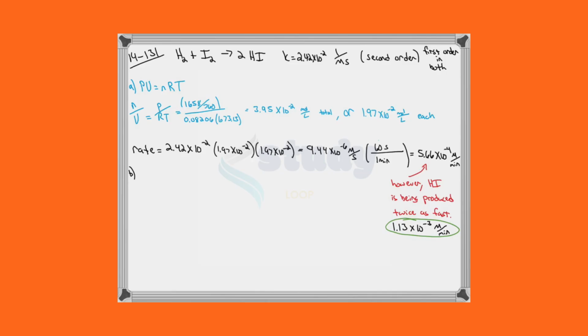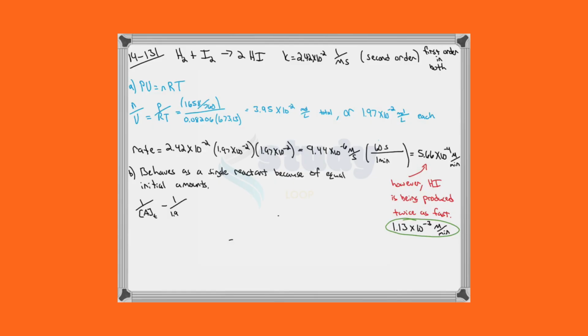Now for part B, it wants us to determine the rate of formation of HI and its concentration after 10 minutes. Now we need to consider some stoichiometry. As the reaction occurs, we get a decrease in the concentration of H2 and I2 and an increase in the concentration of HI.